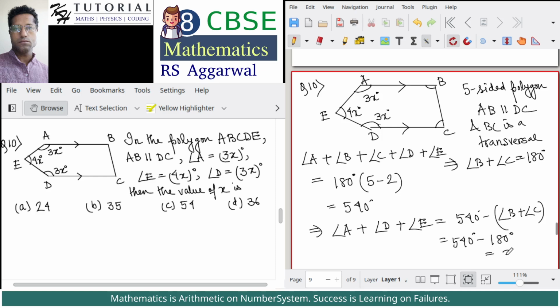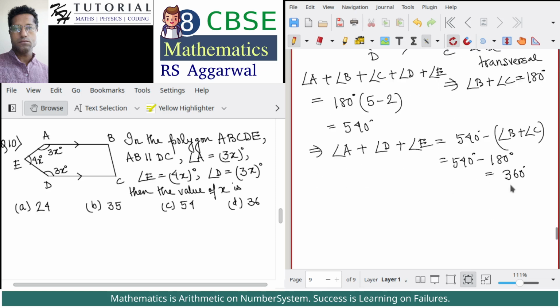So this is equal to 360 degrees. The sum of the values of the angles A, D and E is 360 degrees. Now the angles A, D and E are already given in terms of x.